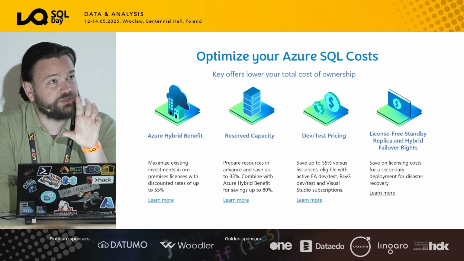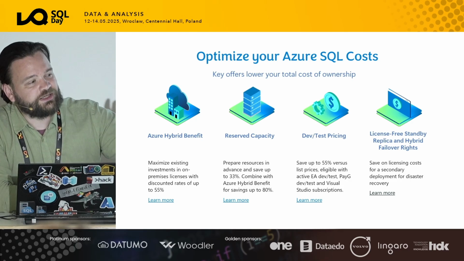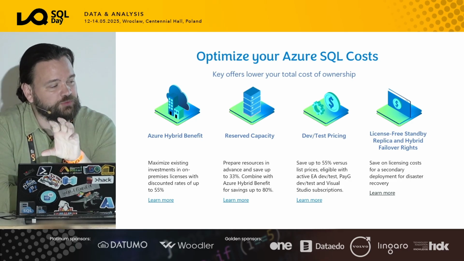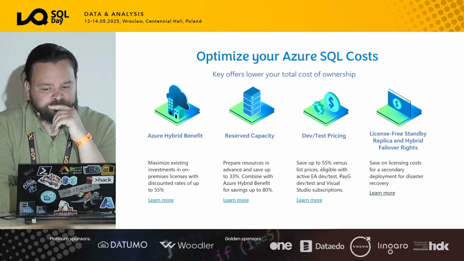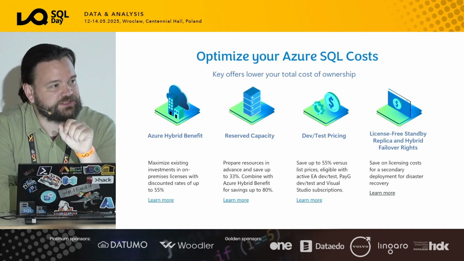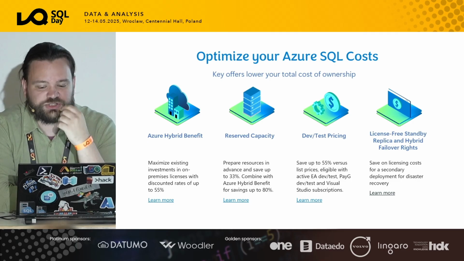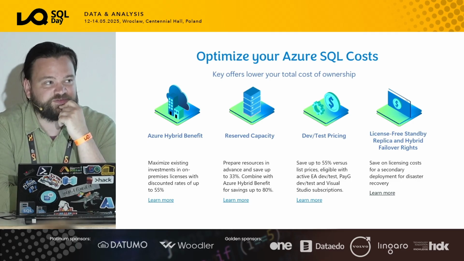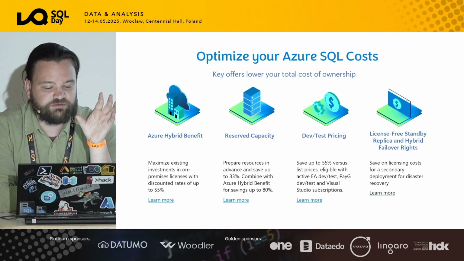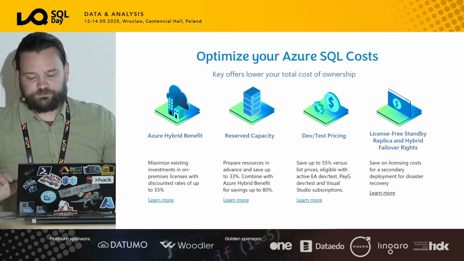Or similarly, if you're using managed instance link, so you're using managed instance as a secondary for your SQL Server, or vice versa. In these situations, the licenses on these standby secondaries are free of charge if you activate this benefit. So there are a lot of ways to save on vCores and licenses through this.